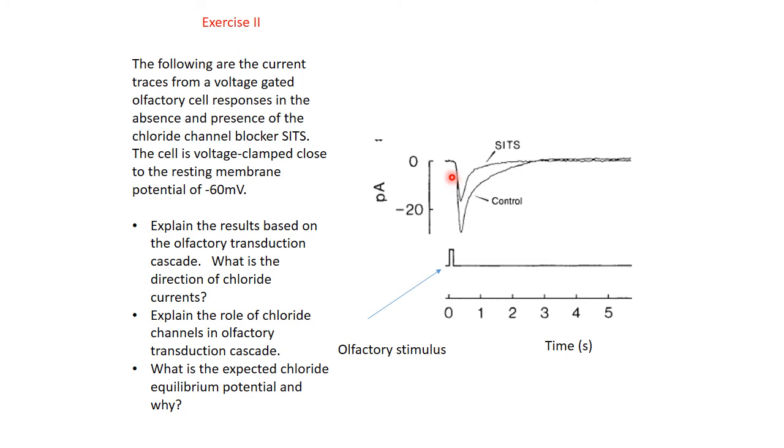Now the same cell in the presence of this chloride channel blocker on the outside elicits a much smaller response. So explain the results here in terms of the olfactory transduction cascade. What's the direction of the chloride currents in this case? What would be the function of these chloride channels in the olfactory transduction cascade? And finally, what's the expected chloride equilibrium potential in these cells and why would that be the case for these cells?